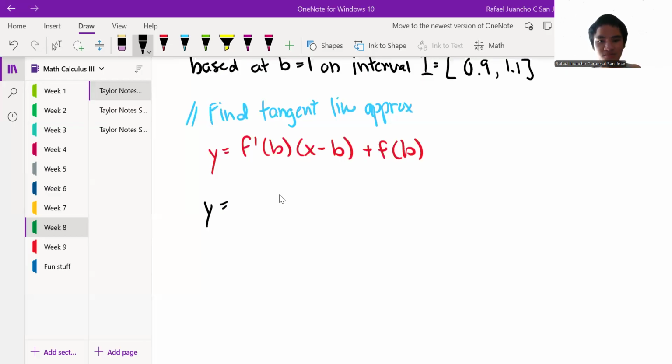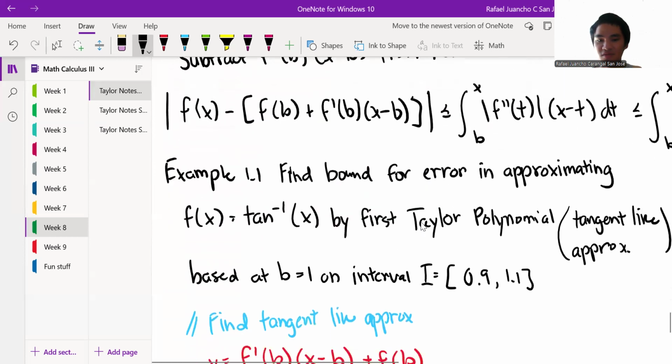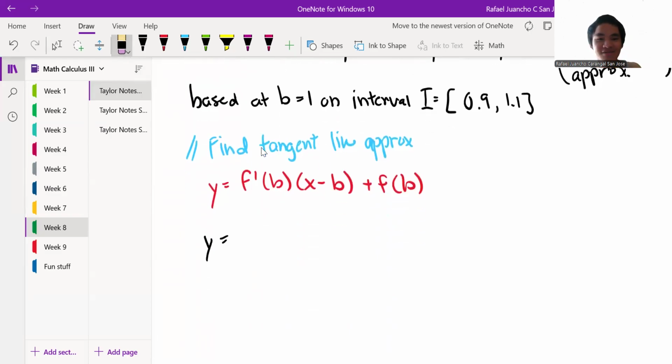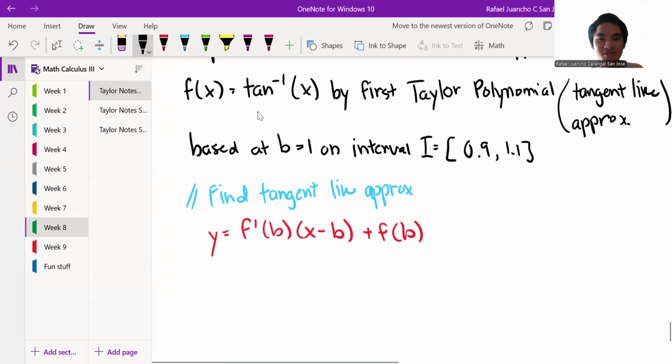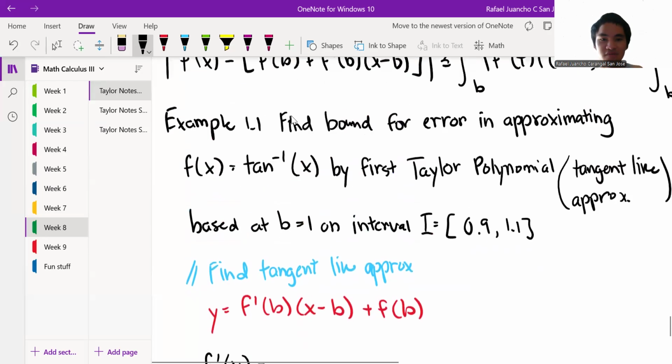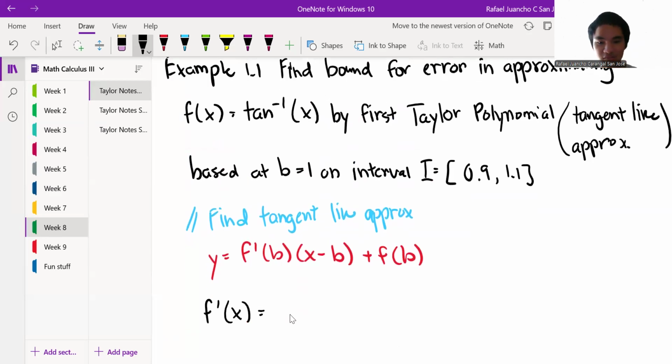So what's my slope actually? First of all, what's my slope? I have to take the derivative of the same, right? So let's actually do the calculation. So we have f of x. If we do an f prime of x here, what's the derivative of my inverse tan? That's something I have to Google. I don't remember doing that.